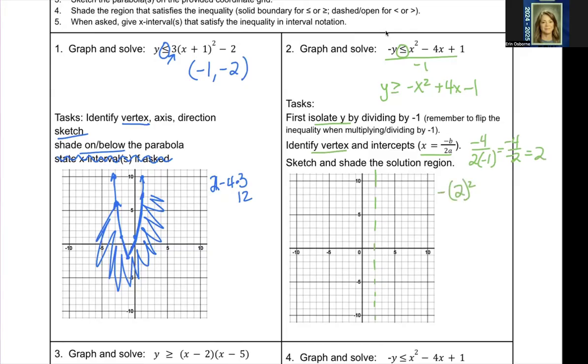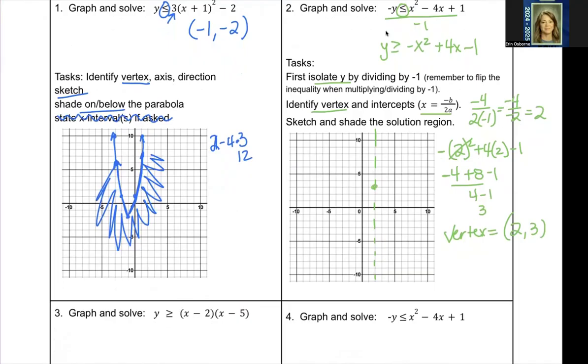Leave that negative out front, plug in a 2 and square it. Take it times a 4 and minus 1. Square this first, keep it a negative, then plus 8 and minus 1. Combine the first two numbers first, and 4 minus 1 becomes a 3. That means your vertex is at 2, 3.